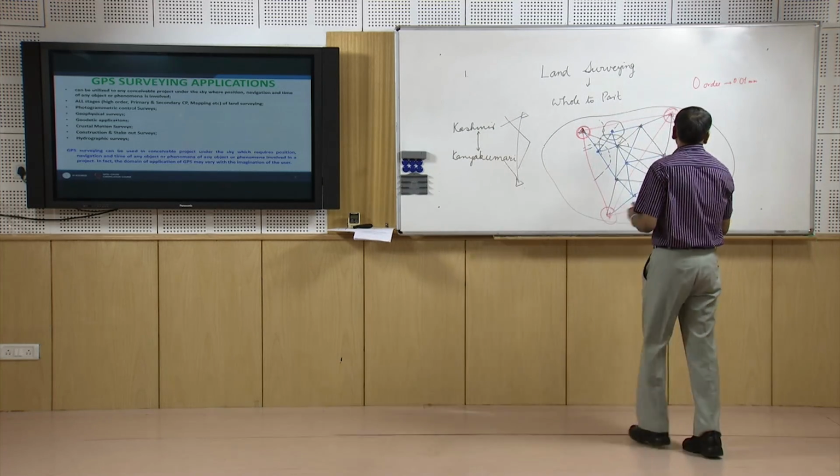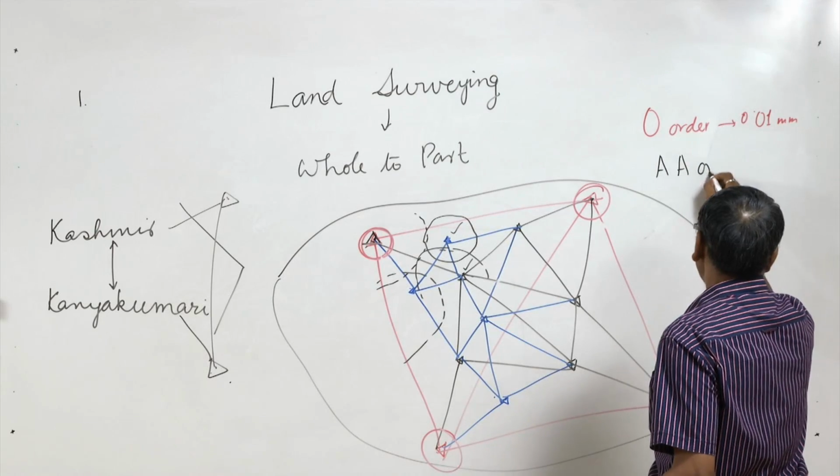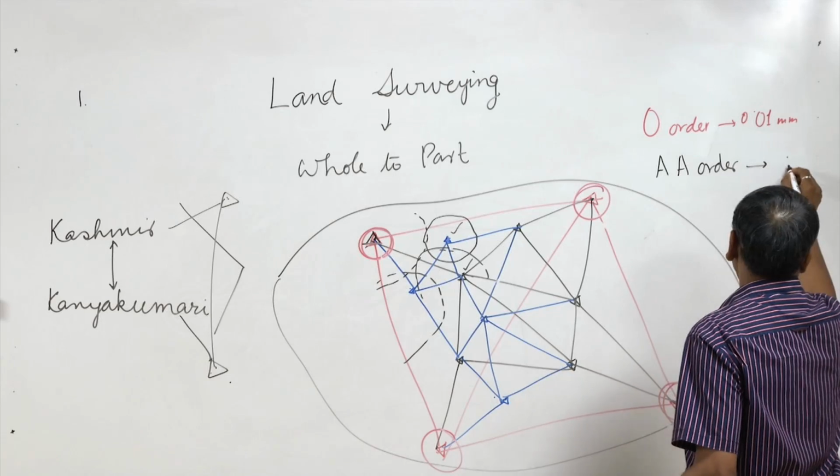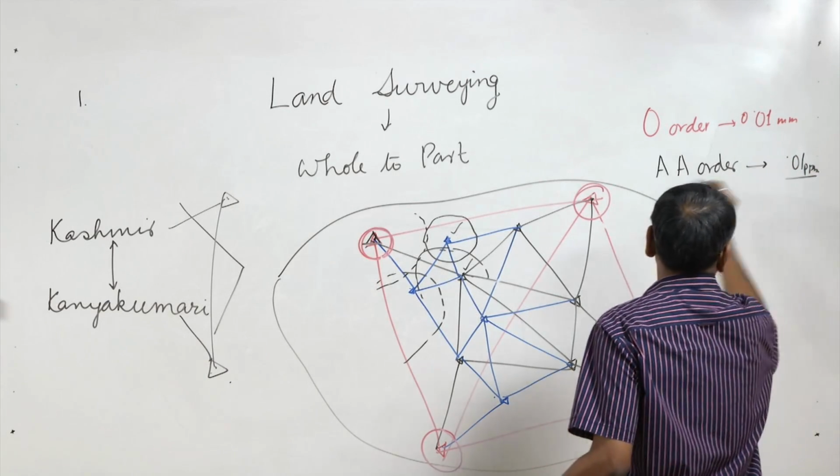This is called the highest order baseline, that means AA order of accuracy, 0.1 parts per million.